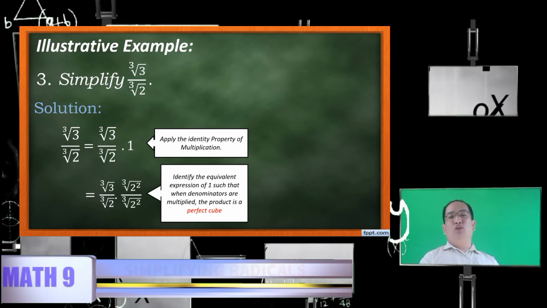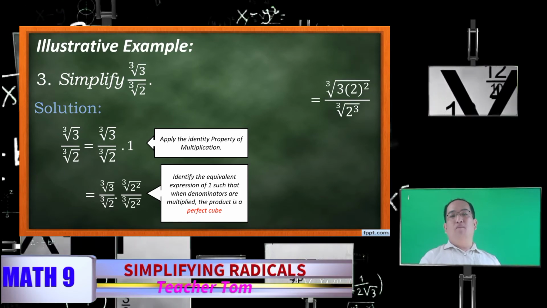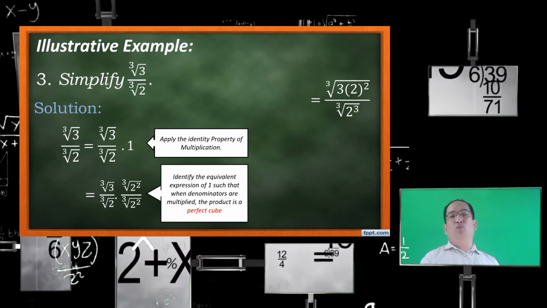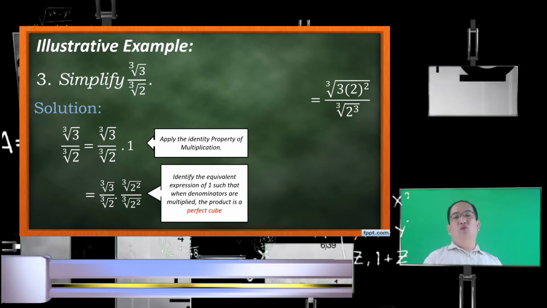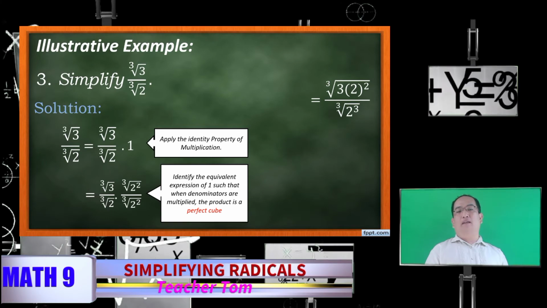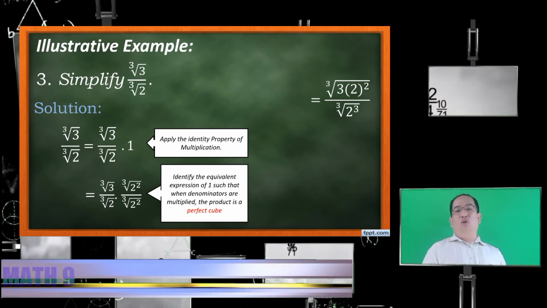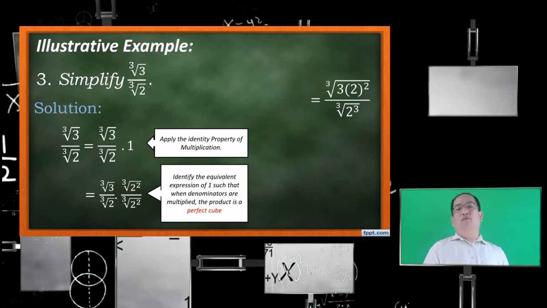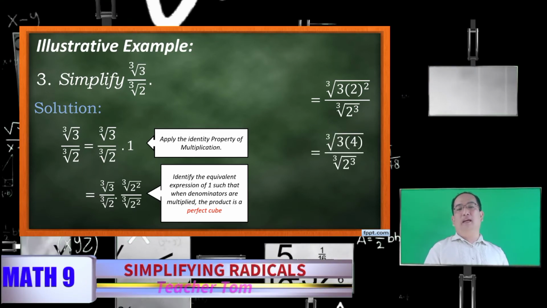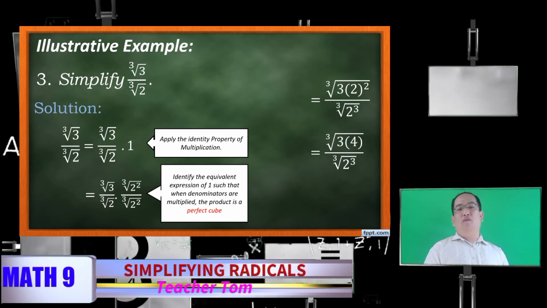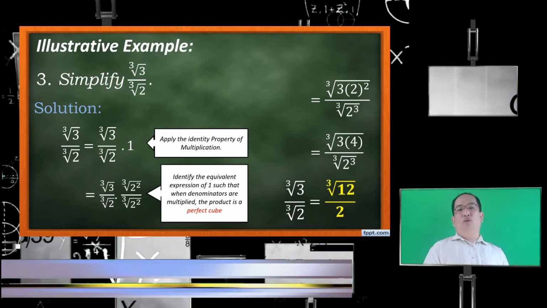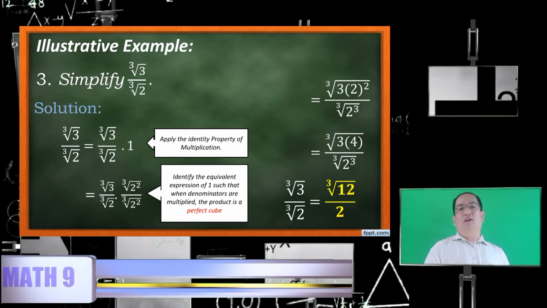That's why we have cube root of 3 all over cube root of 2 multiplied by cube root of 2 raised to 2 all over cube root of 2 raised to 2. The new expression will be cube root of the product of 3 times the quantity 2 raised to 2 all over the cube root of 2 cubed. So the expression will be cube root of 3 times 4 all over cube root of 2 cubed. Therefore, cube root of 12 all over 2.